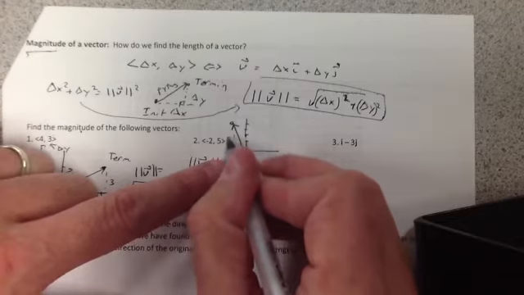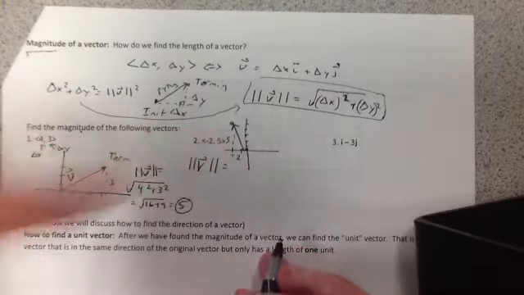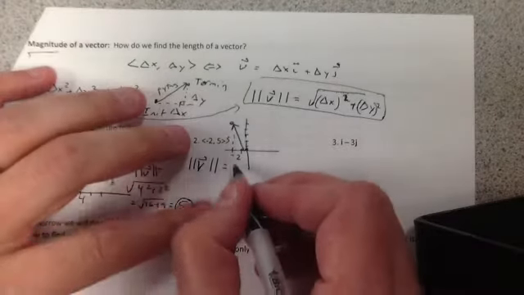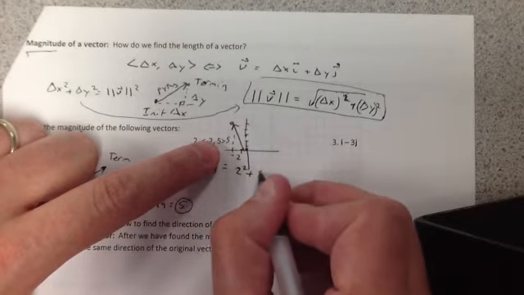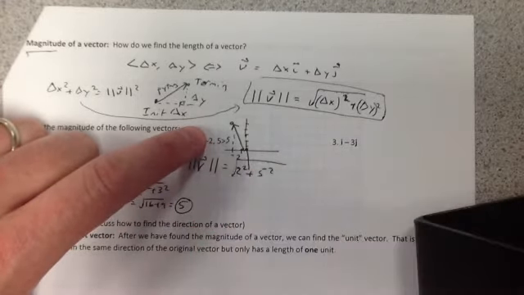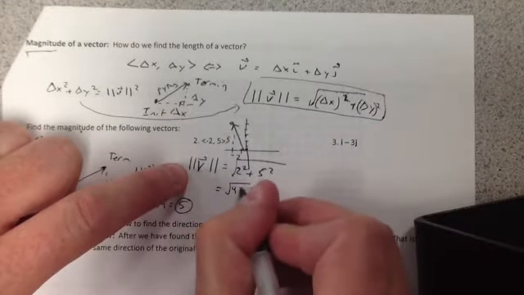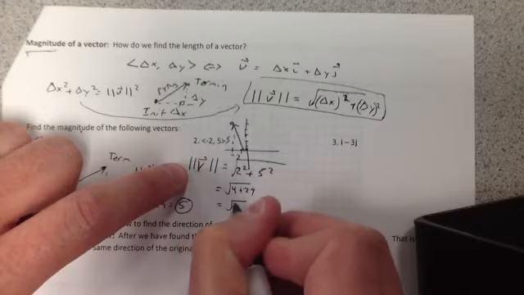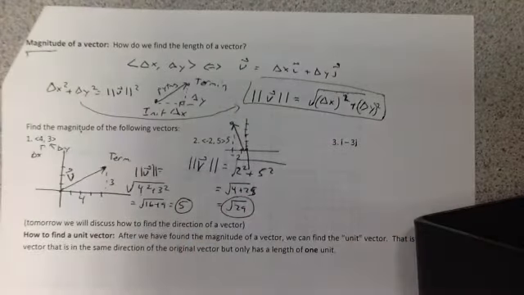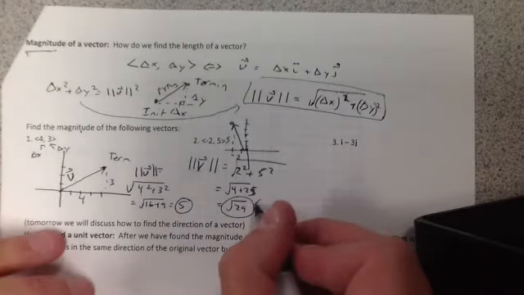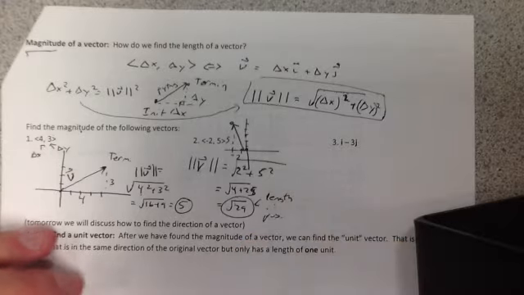Here's 2, here's 5, left 2, up 5. Its magnitude is just the Pythagorean Theorem: 2 squared plus 5 squared, and I have to take the square root of it. So this becomes the square root of 4 plus 25, which is just the square root of 29. Magnitude is always positive because it's a length. Always positive. Therefore, it has to be positive.